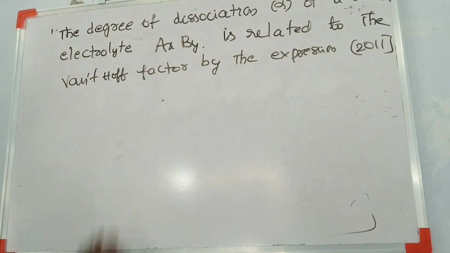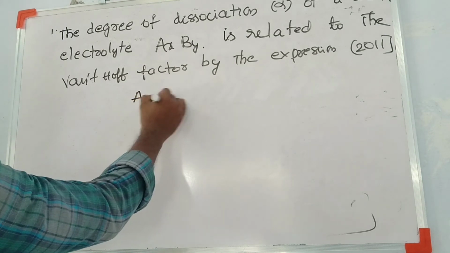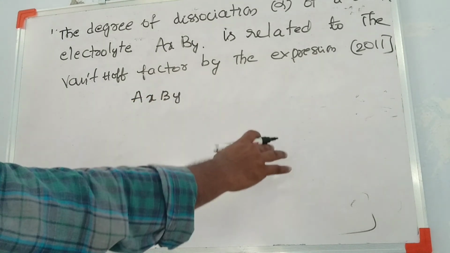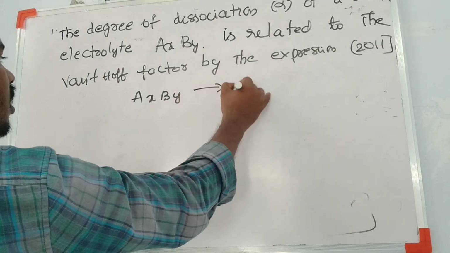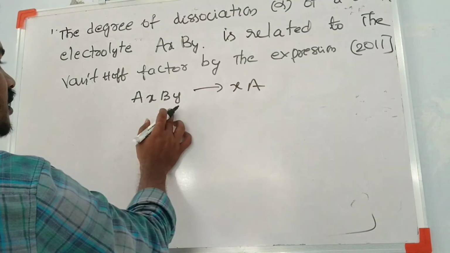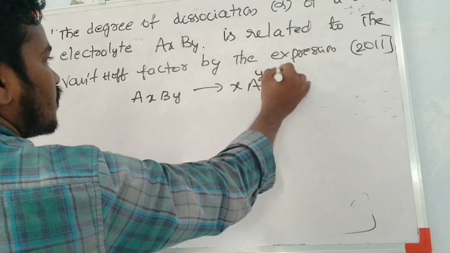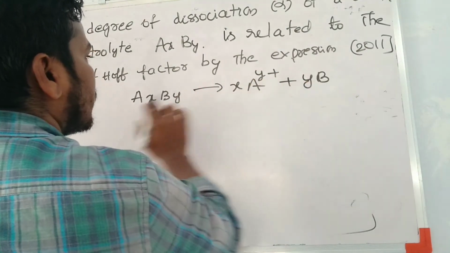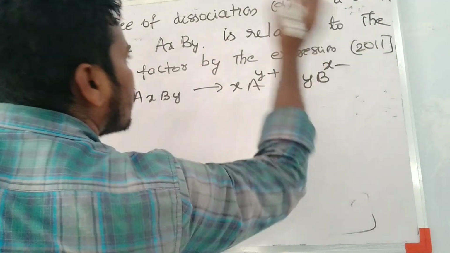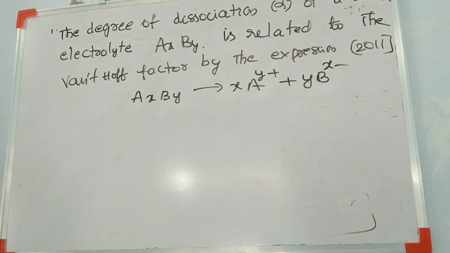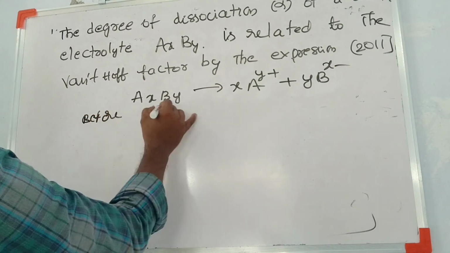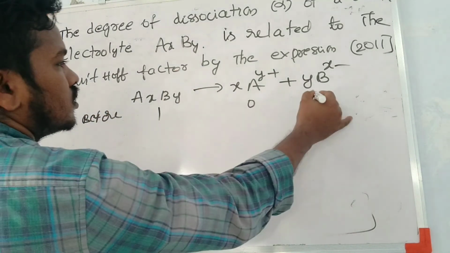If you see what they have given, the weak electrolyte AxBy. Whenever it is dissociated, automatically it will form x A with charge y plus, and y B with charge x minus, one positive ion and one negative ion. Before dissociation the concentration is 1, 0, 0.